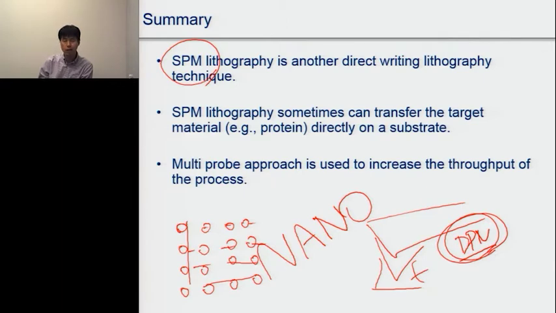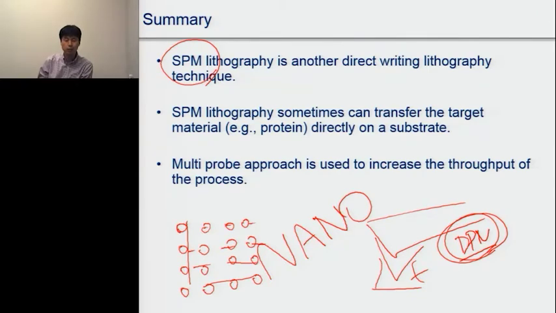It only needs an electronic version of the design. So once we have the design, we can directly write whatever that design is onto the substrate. So in a sense, this technology is also classified as a direct writing technique.